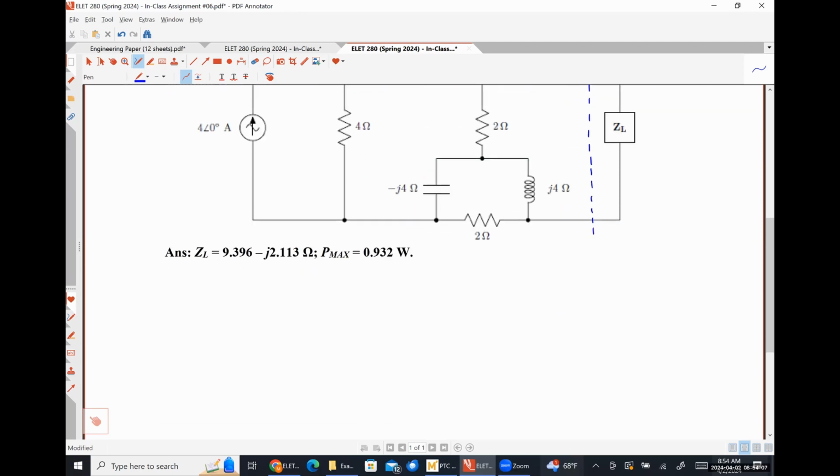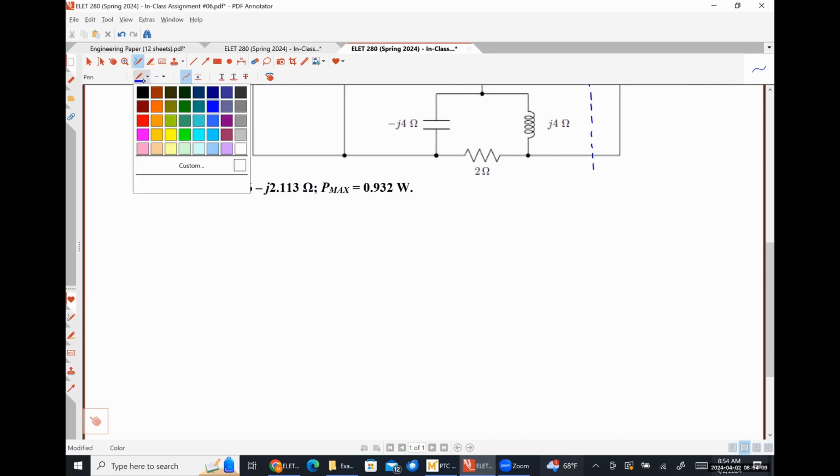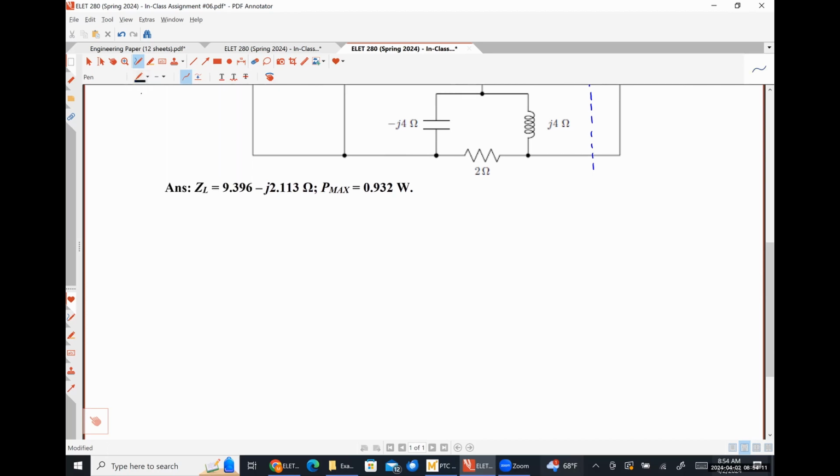So let me redraw what we have. Here's our 4 ∠0 degrees amps current source.